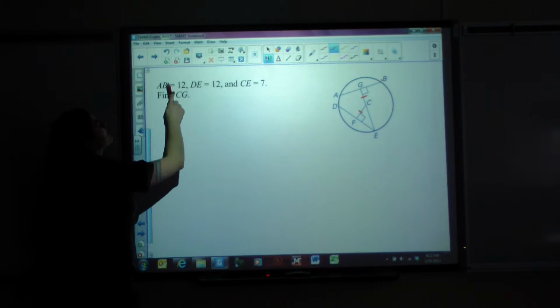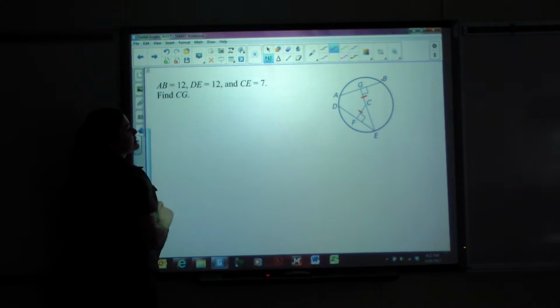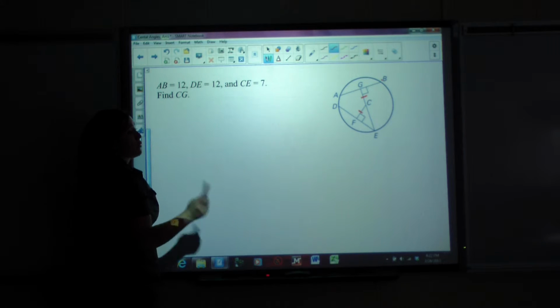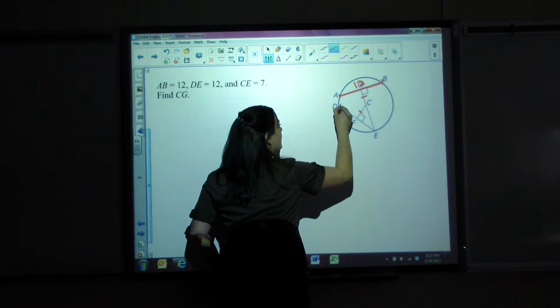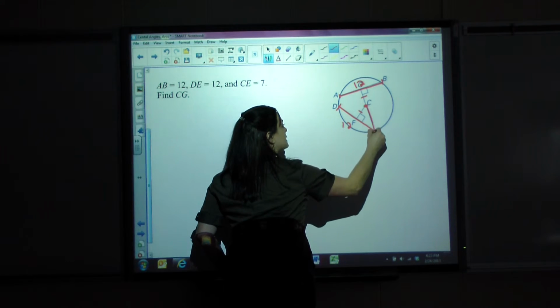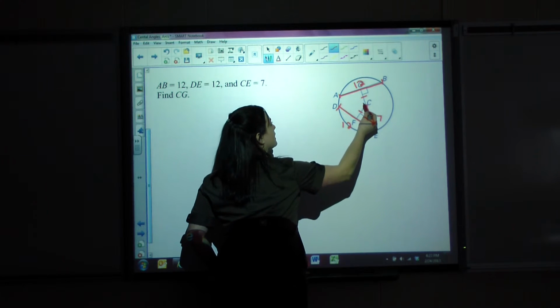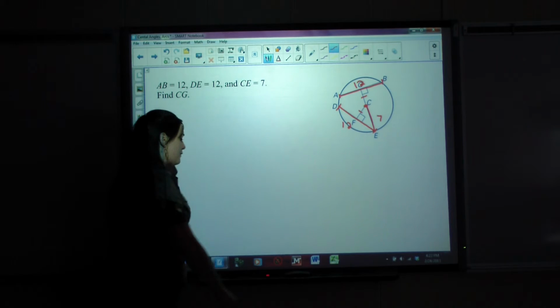So let's keep reading. We have equal chords, and we know a couple more lengths, and we are asked to find CG. If this is 12, and this is 12, and from C to E is 7, it's kind of looking like a little bit of a mess.